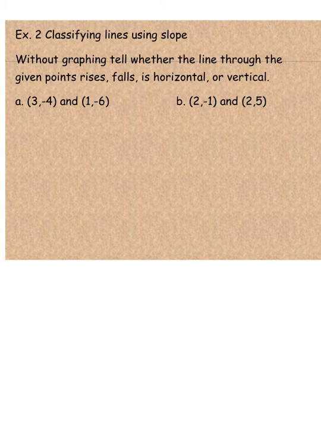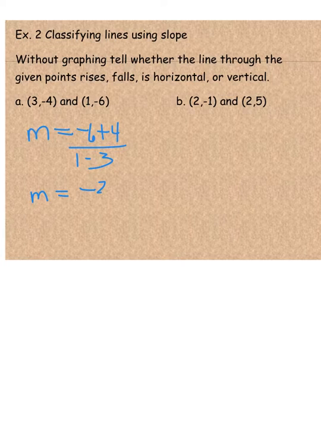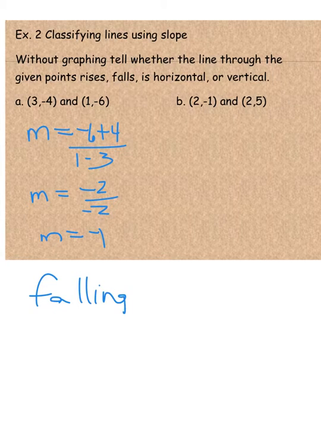So now knowing what we do about slope, we can determine whether a line rises, falls, or is horizontal or vertical based on the slope of that line. So here, if I find the slope in example A, my slope is negative, therefore my line is falling.